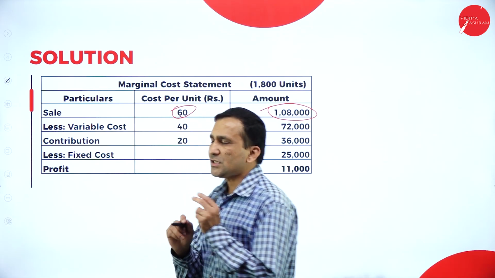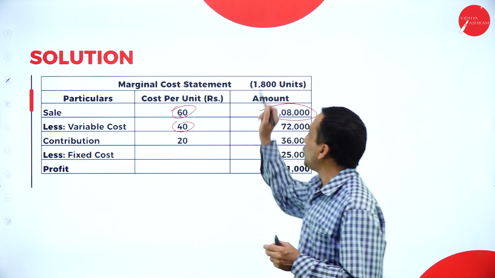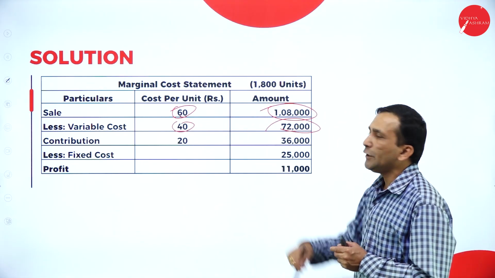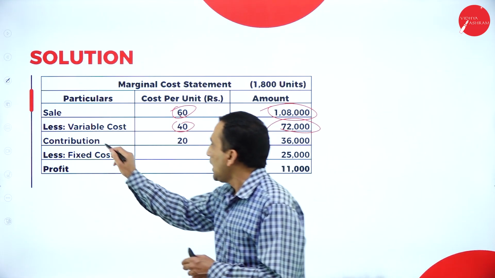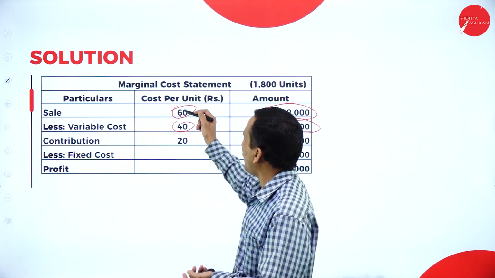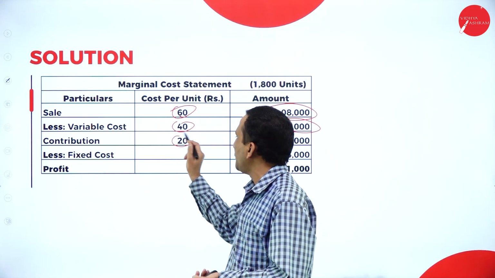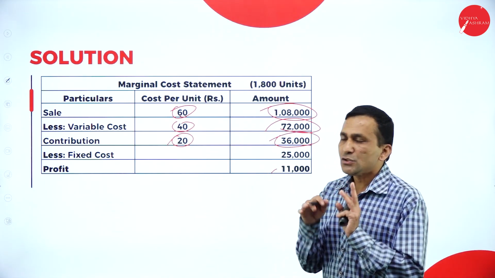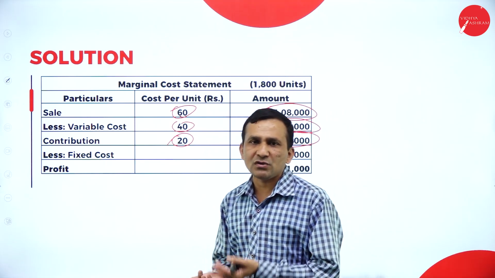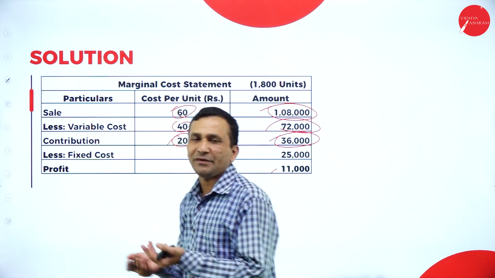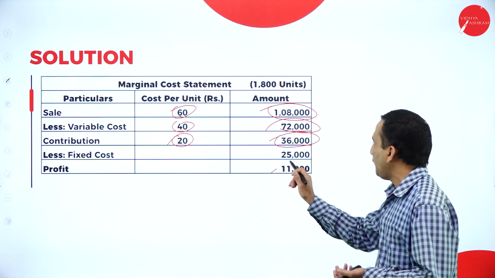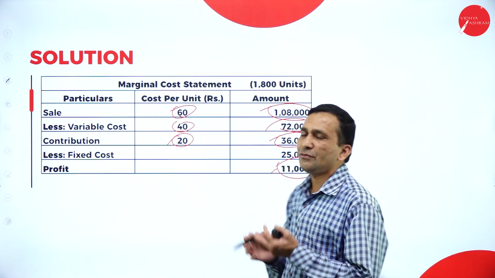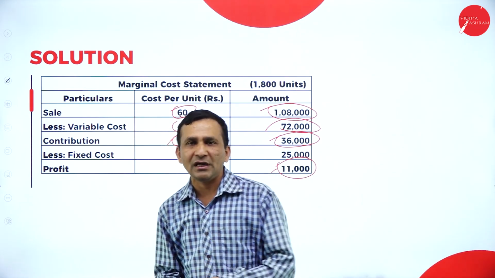Less variable cost of 40 rupees: 40 into 1,800 gives 72,000. Contribution is 60 minus 40, 20 rupees; 20 into 1,800 gives 36,000. From the 36,000 we subtract the fixed cost given in the question, 25,000, and get 11,000, which is the positive profit we are expecting.